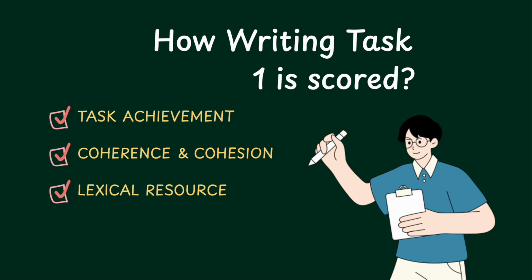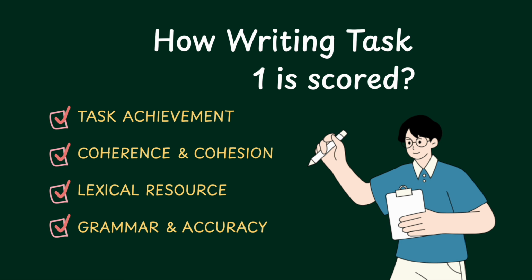The third one is lexical resource or vocabulary. You should be able to use a range of vocabulary accurately, not just repeat the same words again and again. And the last criterion is grammar. This is about using a variety of sentence structures correctly.